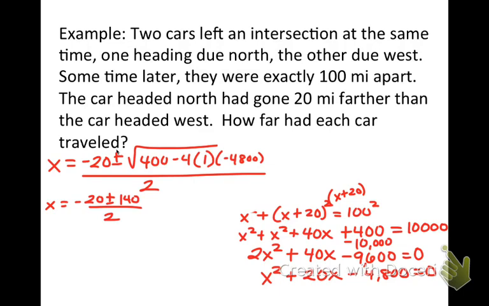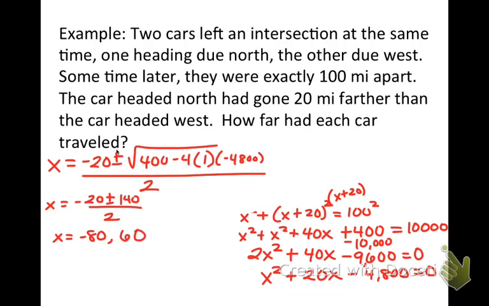So negative 20 minus 140, that's just negative 160. Half of 160 is 80, so negative 80, which is not going to be our answer. Negative 20 plus 140 is 120, divided by 2 is 60.